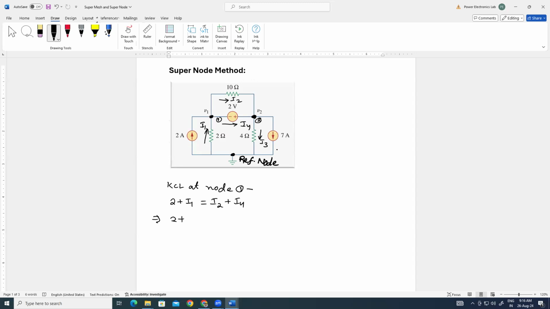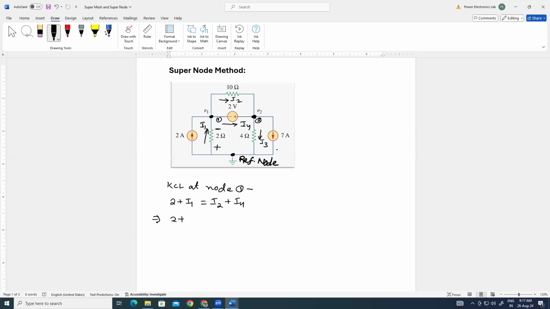This is higher potential, this is lower potential, so the voltage drop will be plus here, minus here across this element. So V1 by 2.